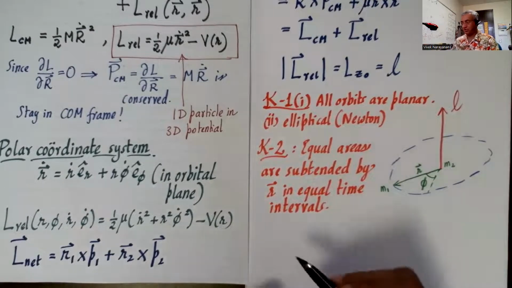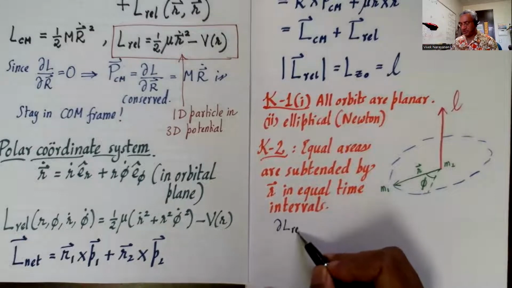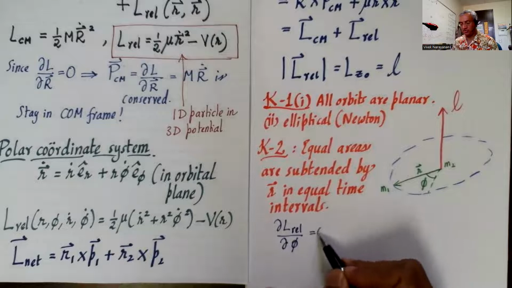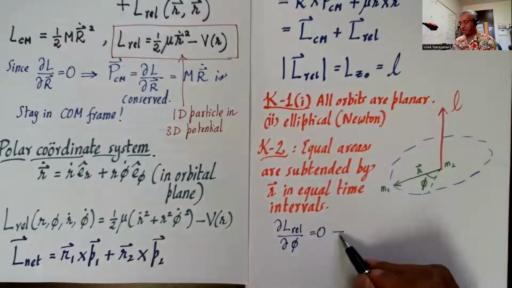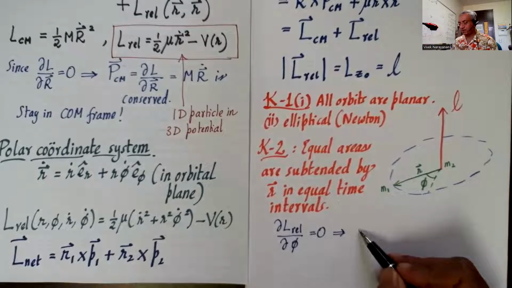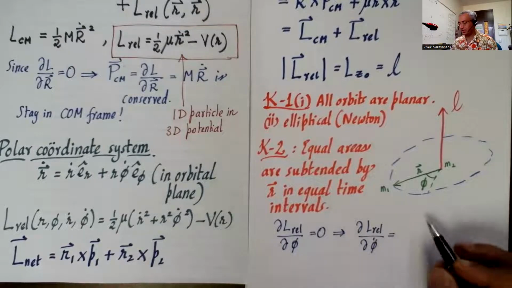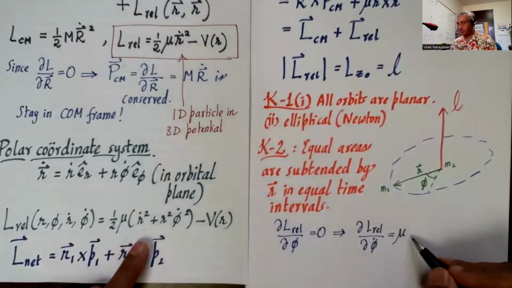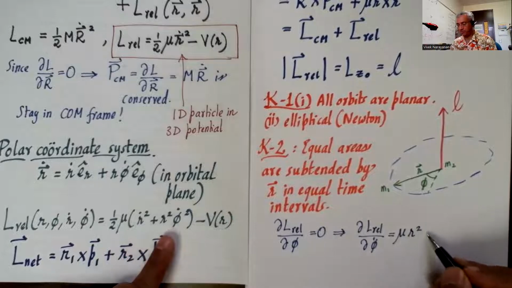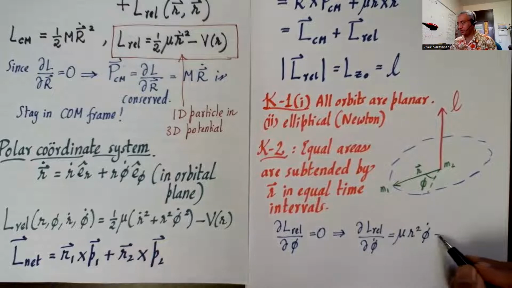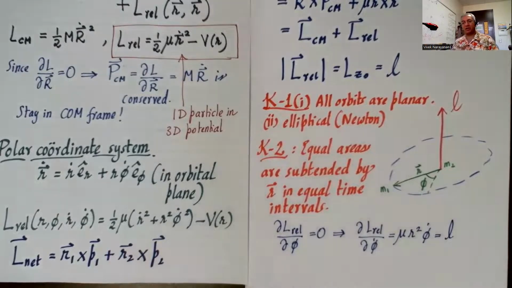We notice that the derivative of the relative Lagrangian with respect to phi is 0 because there is no phi coordinate in there, which means that the corresponding canonical momentum, which is del L_rel over del phi dot, and that is simply mu times r squared phi dot, has to be constant. And that's what I told you is our curly L. Okay, so we have a formula for the z component of the angular momentum in this fashion. So what we're going to do now is solve for phi dot.